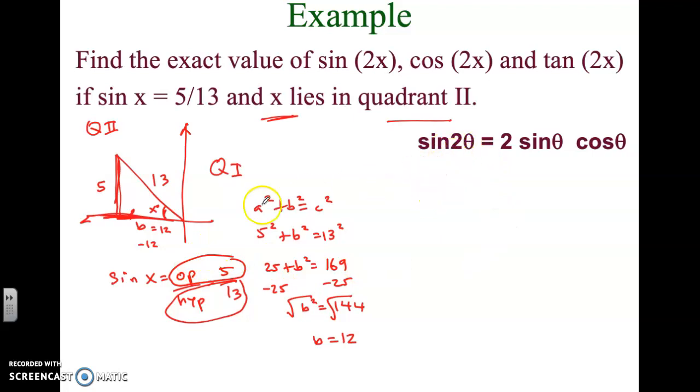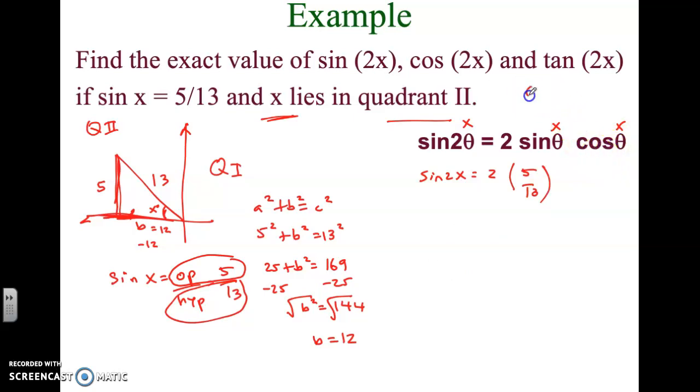Let's find sine of 2 theta. In this case my angle is x, so sine of 2x is equal to 2 sine of x, where sine is opposite over hypotenuse, times cosine of x. But what's cosine of x?